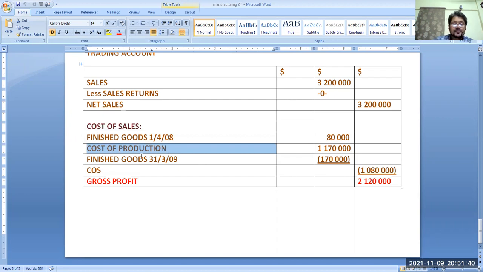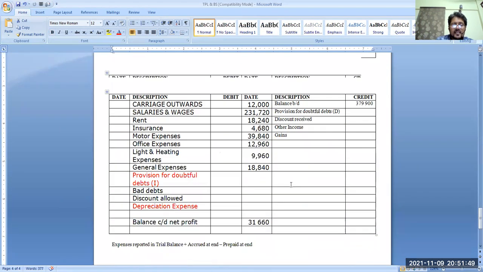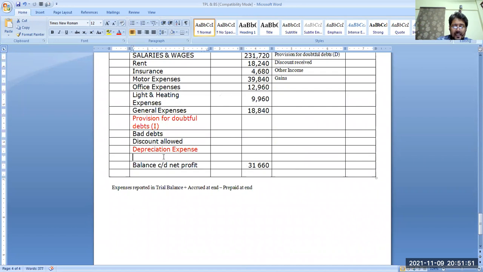Now, one more thing which is left here was this one, what I call loss. Any loss on disposal, or somewhere if you find a loss, it is going to be reported on the debit side of your T account.